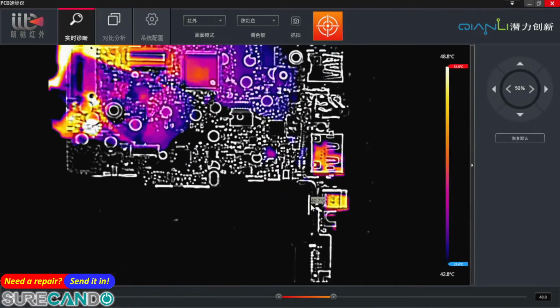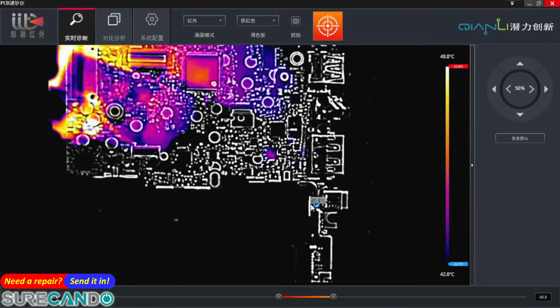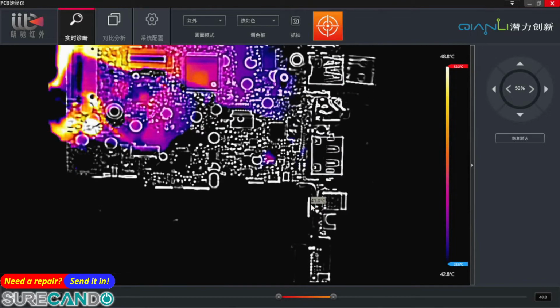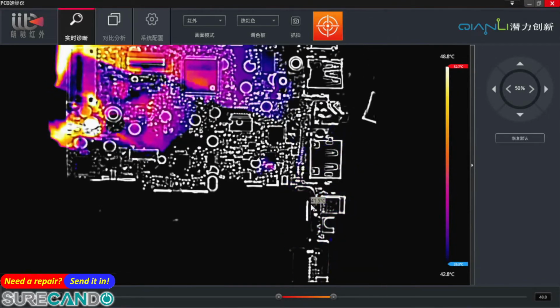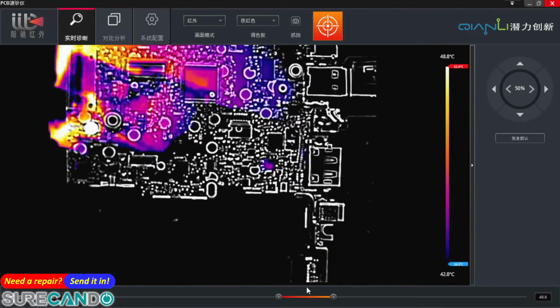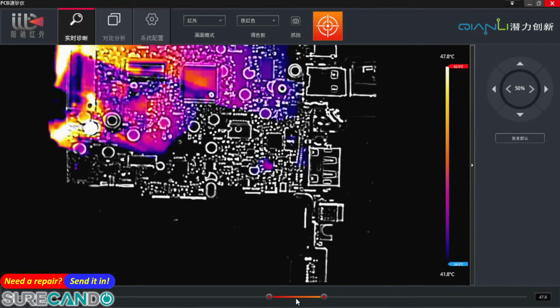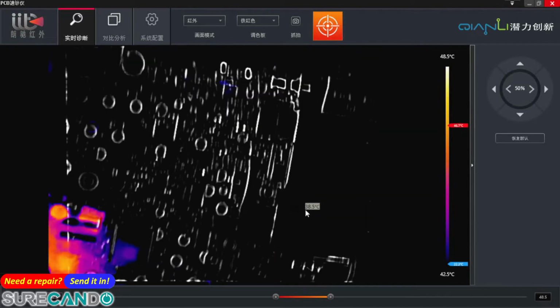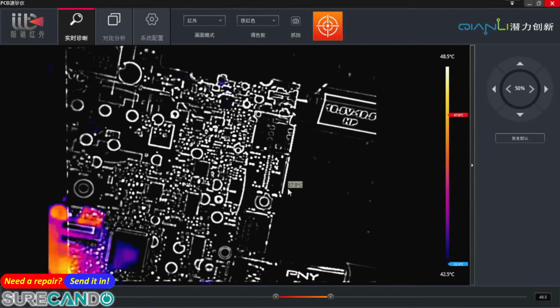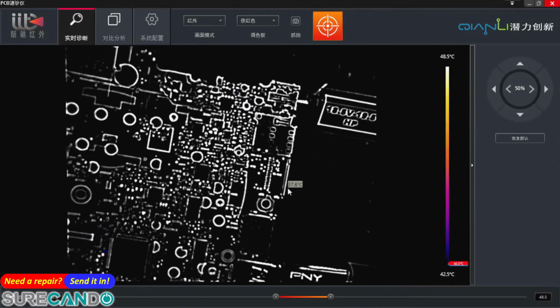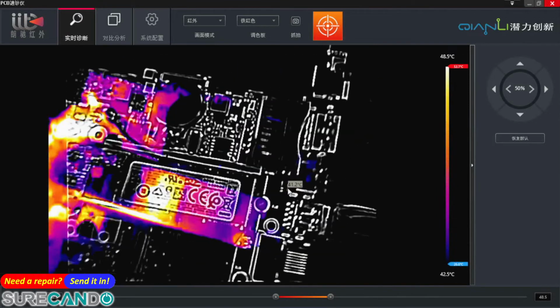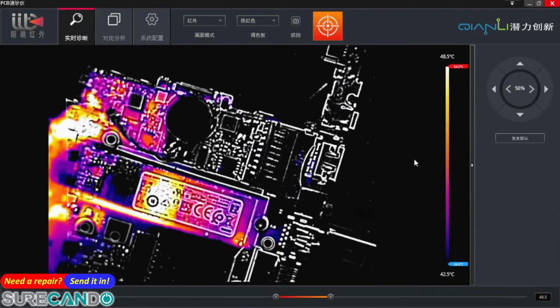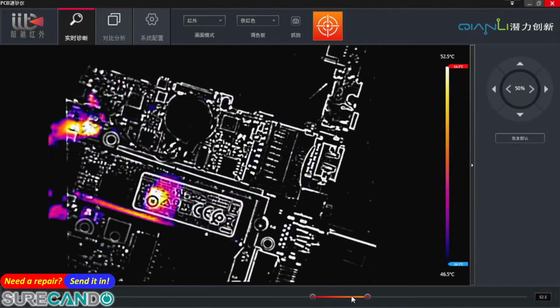Okay, so let's plug in a USB. Is that a normal working temp for an SSD? It's quite mental, that one.